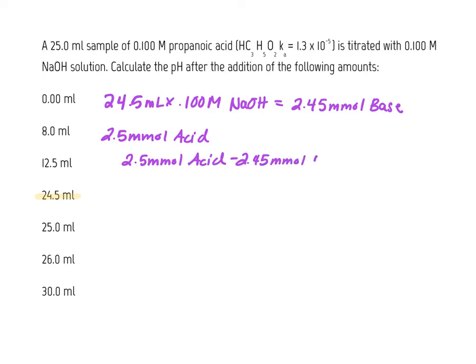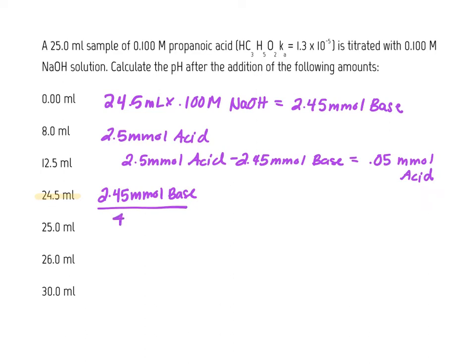So you'll notice we just have a tiny bit of that propanoic acid left, 0.05 millimoles. At this point, we're going to calculate our new concentrations again with the total volume, and then we'll be using the Henderson-Hasselbalch equation. So we have 2.45 millimoles of the base.